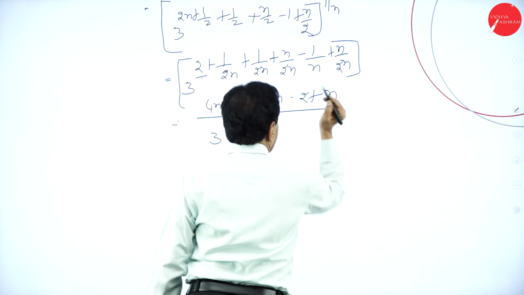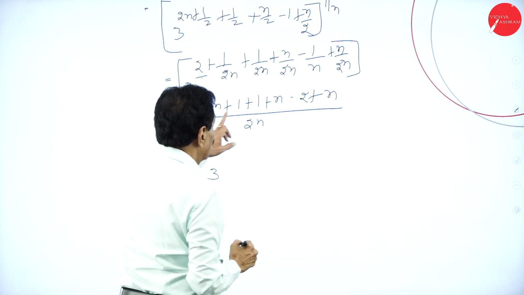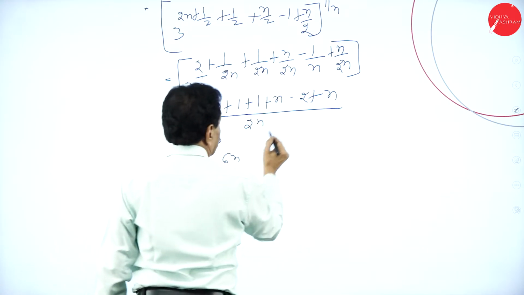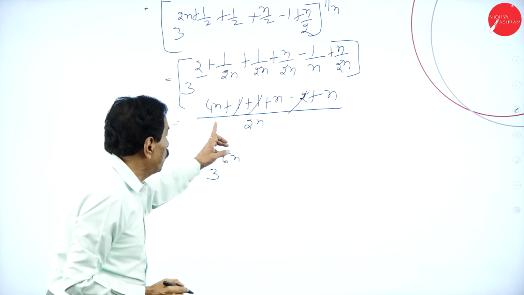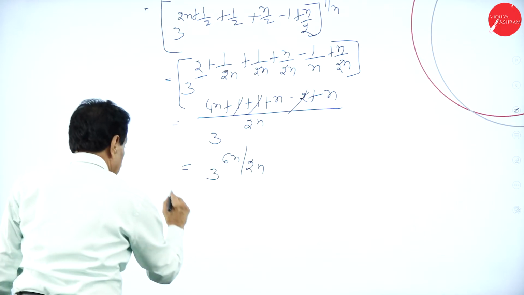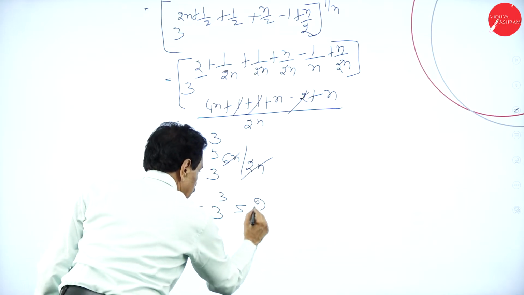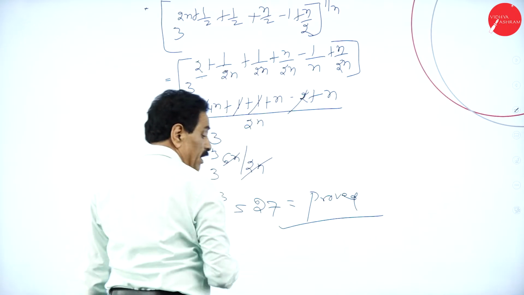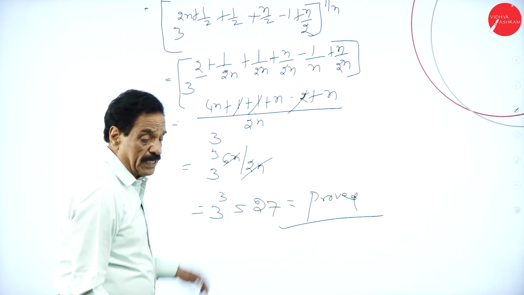This is 3 to the power of 4n, 5n, 6n, plus 1, minus 2 cancel out. What is left over? 4n plus 1, 5n plus 1, 6n divided by 2n. This is 3 to the power of 3, which is equal to 27. Proved. He wants the answer 27, which has been proved now. 3 cube is equal to 27.